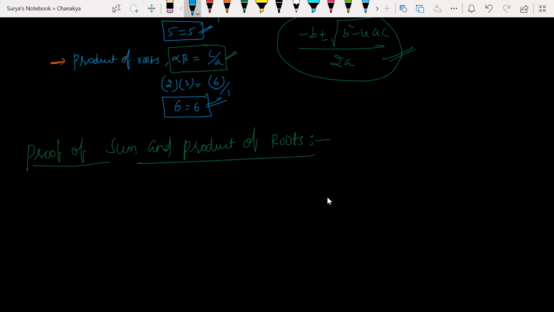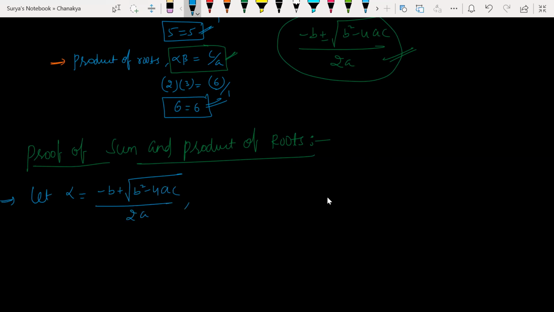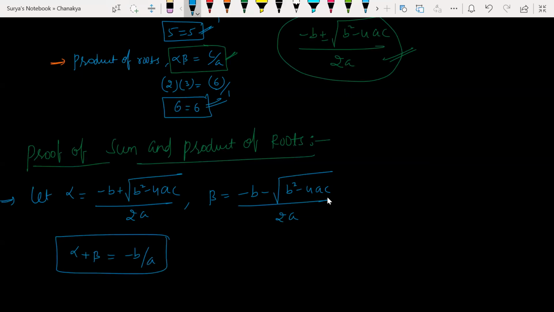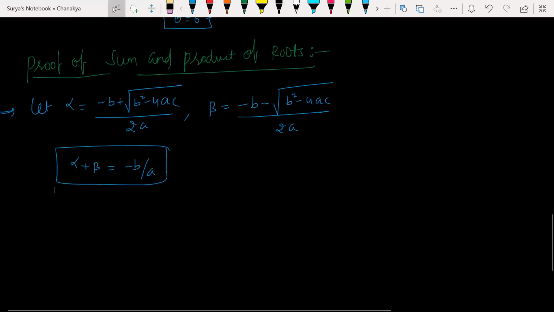Look at this here. I know that let my alpha is equal to minus b plus square root of b square minus 4ac by 2a, and my beta is going to give me what? Minus b minus square root of b square minus 4ac by 2a. If you add these two, I must get minus b by a. If you add this, you will get minus b by a. Getting my point, Anudeep?